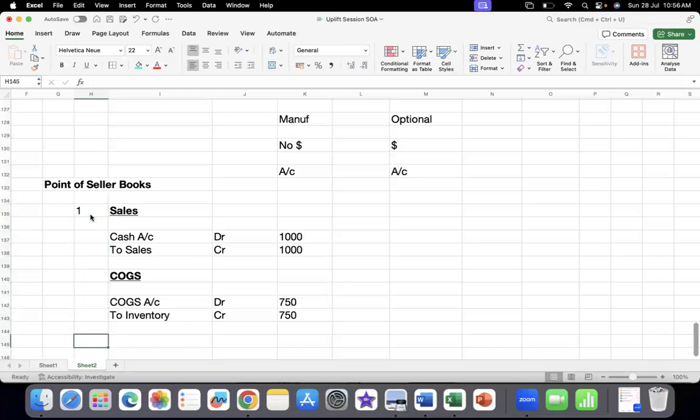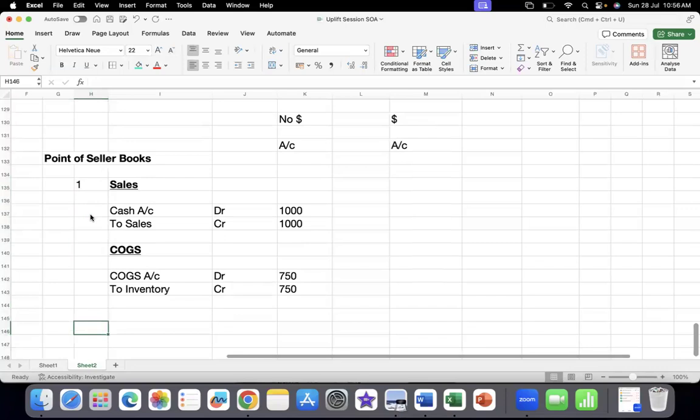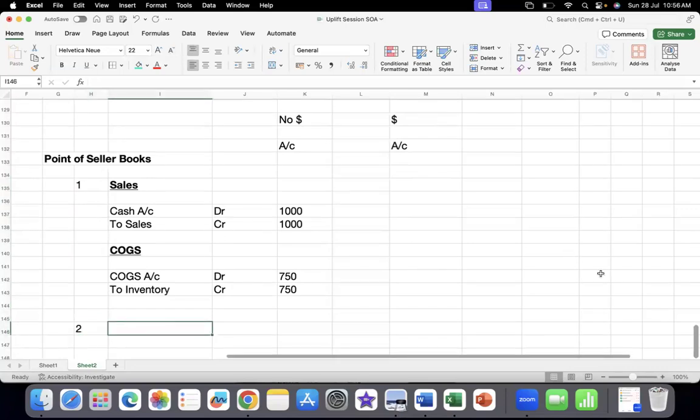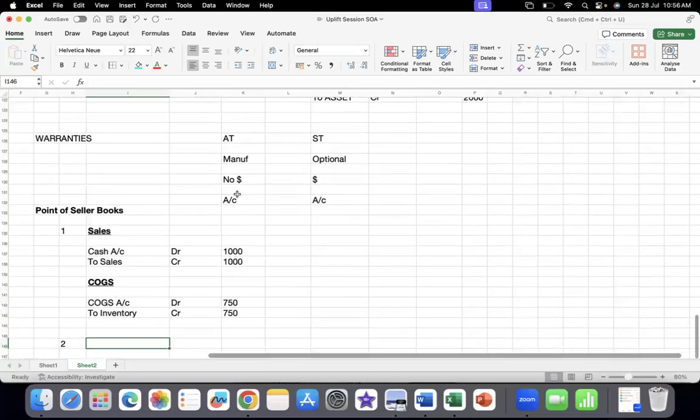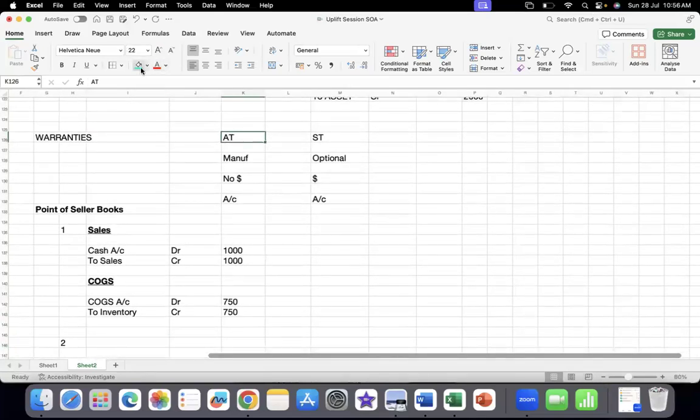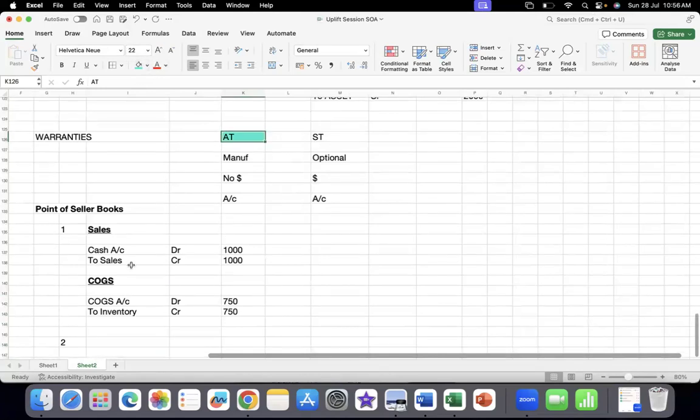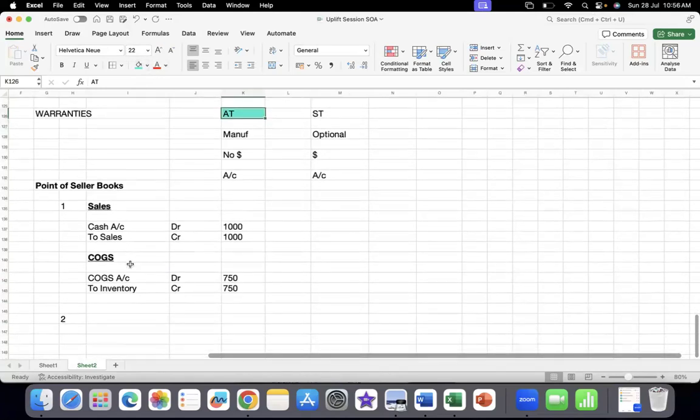So this is what happens when you do a sale. You sold a product. But immediately when you're selling the product, if you are following assurance type warranty, you'll have to pass an entry for a provision, recording your warranty expenses. So how do you record that amount? You record the amount based on your past experiences.